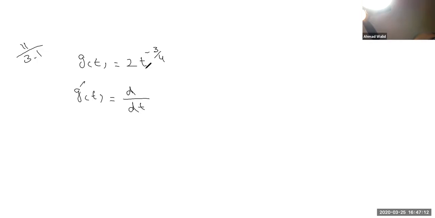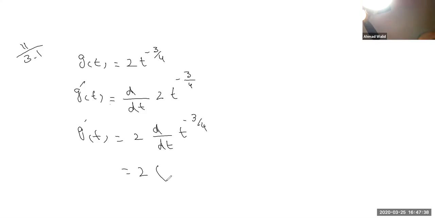Whatever the variable is. d over dt of 2t to the power of negative 3/4. Now bring the constant to the front. g prime t equals 2 d over dt of t to the power of negative 3/4, which is equal to times. Bring the exponent as a coefficient, negative 3/4.